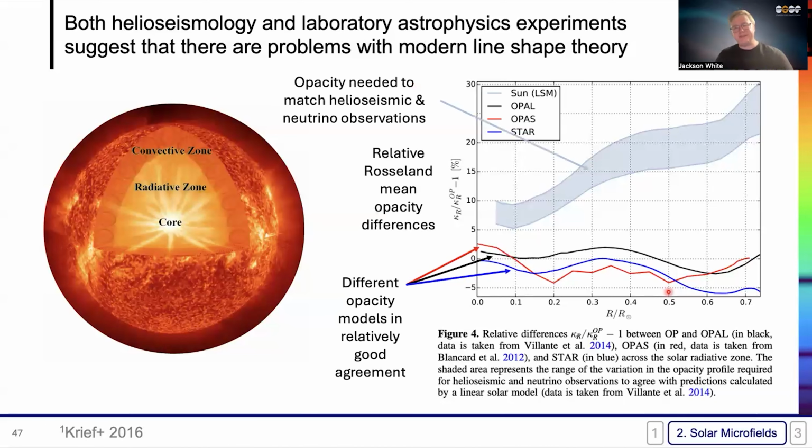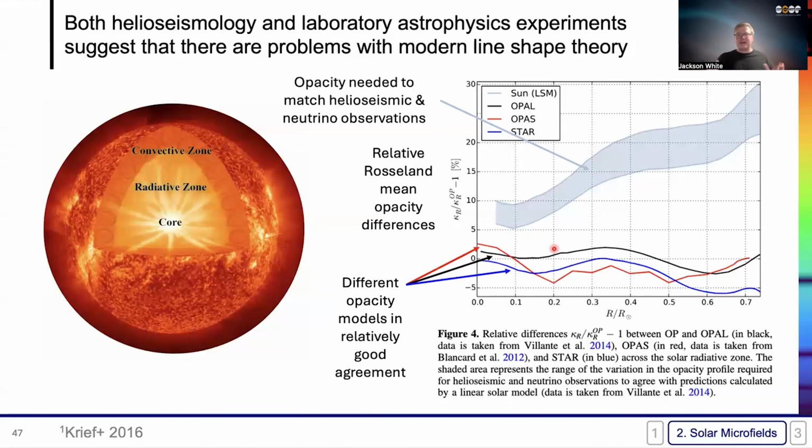However, the problem is that these opacity models really don't match up very well with solar observations. This shaded blue region is the opacity that you need in order to match solar observations. And so what this is showing us is that the opacity in the sun tends to be underpredicted if we compare it to observations by about 10 to 30%, depending on what region of the sun we look at.